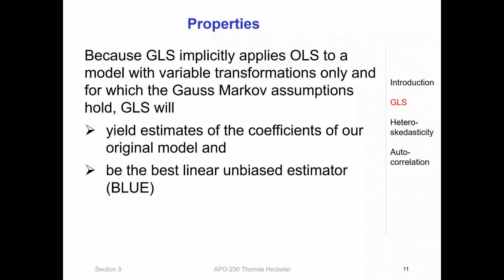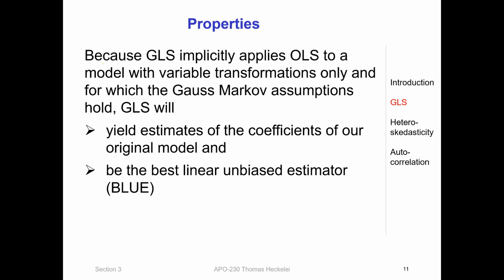The properties of GLS. What properties does it have? So think about it again. We applied at the end OLS to the transformed variables, right? We didn't transform the coefficient at all. The beta remained until the end. Therefore, the estimate of the coefficient will be the same as in the original model. That's the first thing to keep in mind.